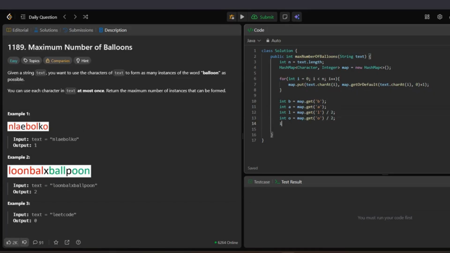The other characters, B, A, and N, occur only one time, and just L and O occur two times in balloon. So if we are finding the minimum among them, then if L occurs two or more times, only then the second balloon instance can be formed. That's why we are dividing it by two.